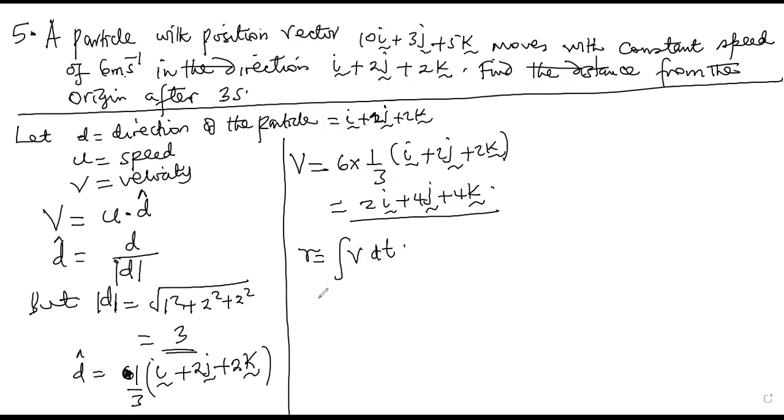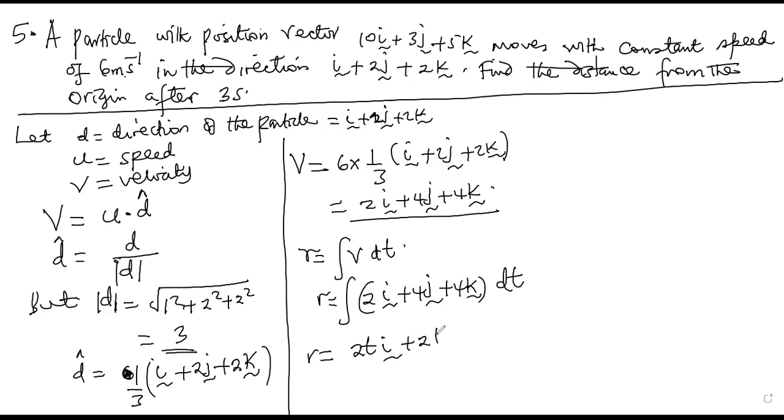So my r will be equal to the integral of 2i plus 4j plus 4k with respect to time dt. So r is equal to 2ti plus 2tj plus 2tk, of course, plus a constant.